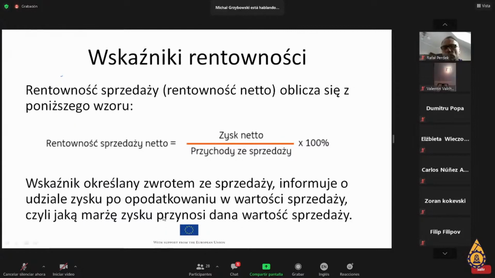There is the return on sales ratio, and this says how much of our profit is generally attributed to the sales revenue. It does not only tell us about how much we sell, but also how effective our cost management is.